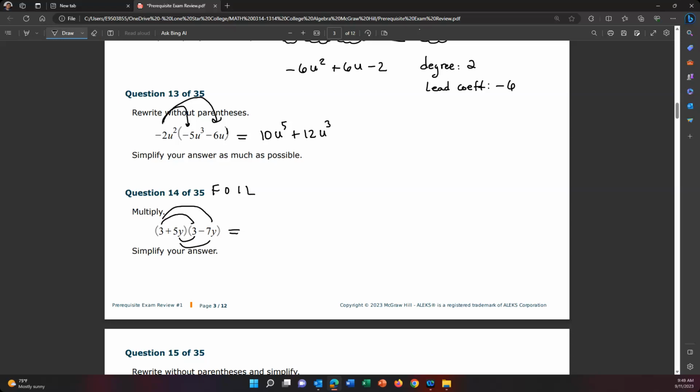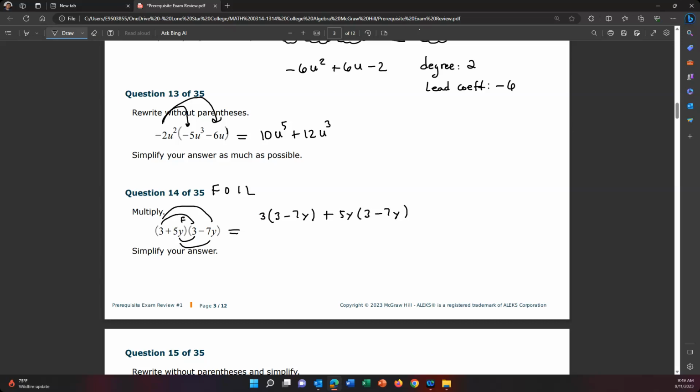What we're saying is that we're going to distribute these two terms over these two terms over here. Using that definition, double distribution, it will look like this: 3 minus 7y, plus 5y, being distributed over 3 minus 7y. Or if you prefer FOIL, go ahead and do FOIL.